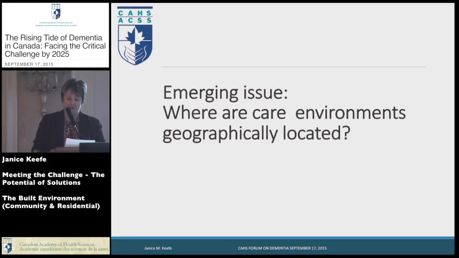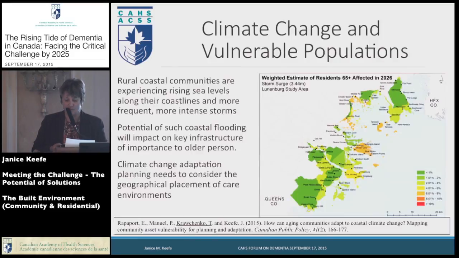Think about moving beyond just space, to where older people with dementia, including care facilities, are actually located. This is a study done, of course, in Nova Scotia, because it's looking at climate change, coastal impact, and the relationship between coastal climate impact, aging population projections, and the infrastructures and services that are important for older people.